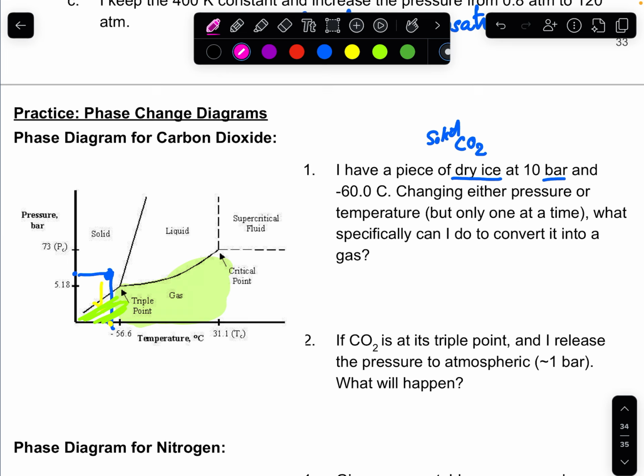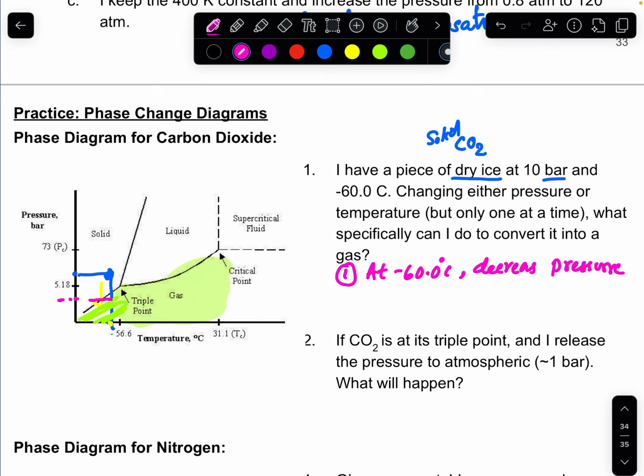So I'm going to write: keeping temperature constant at minus 60 degrees Celsius, decrease pressure below, I would say, somewhere here.